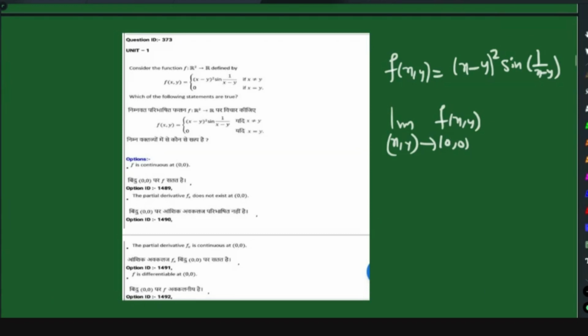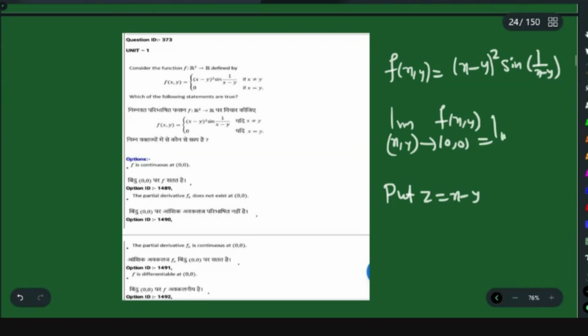Here you have 1 by x minus y and (x minus y) square, so it is better to put z equal to x minus y. Then you can convert it into a single variable problem. As xy goes to 0, 0, z also goes to 0. So this is the same as the limit z tending to 0 of z square sine 1 by z.